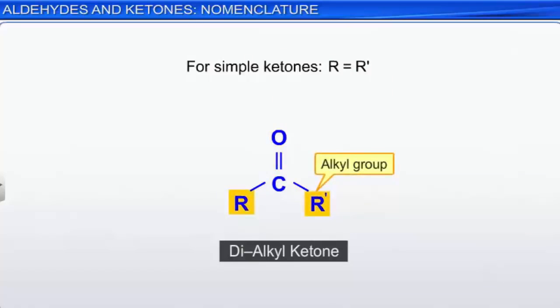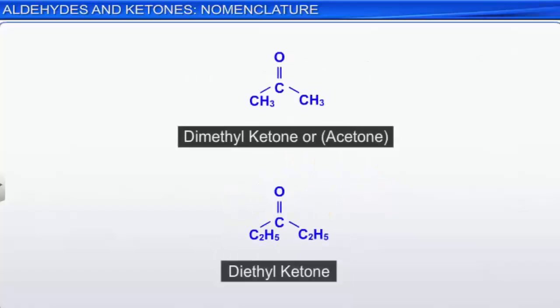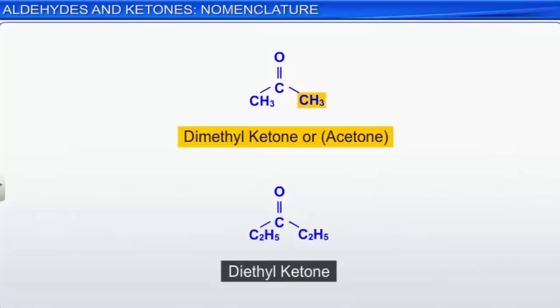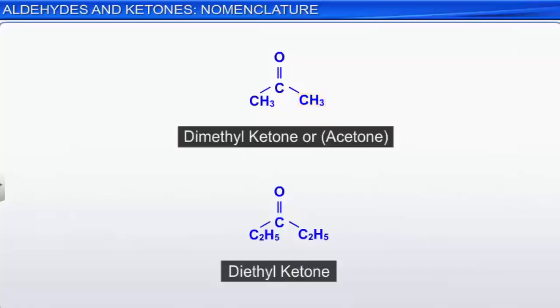For example, the compound CH3-C(=O)-CH3 is named dimethyl ketone or simply acetone, while C2H5-C(=O)-C2H5 is named diethyl ketone.